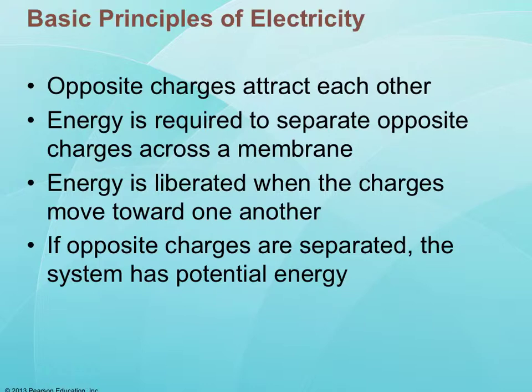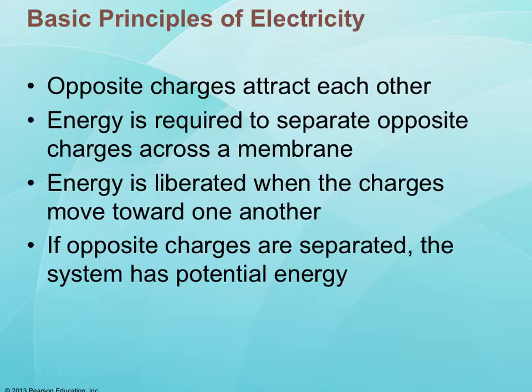In physics, there are a few basic principles about electricity. One is that opposite charges attract each other. The positive charge attracts the negative one, and the negative one attracts the positive one. Also, energy is required if you want to separate opposite charges across a membrane.